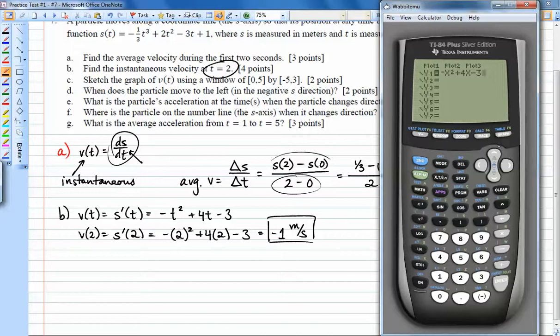You could also do it by putting y1 as s of t and then y2 using nDeriv of y1, and then just turn off y1 when you graph it. But since it's relatively simple, we can do it this way. Let me adjust the window: from 0 to 5, and from negative 5 to 3. So here's our graph.